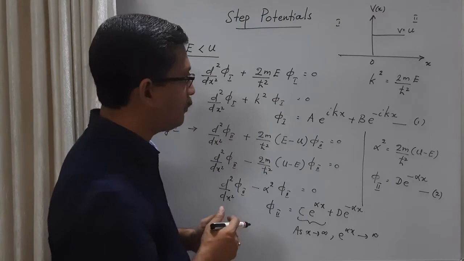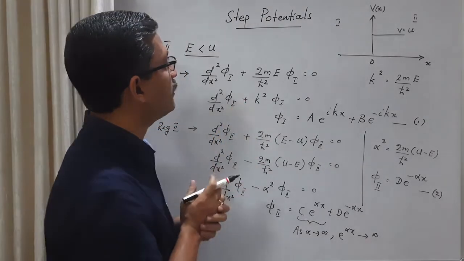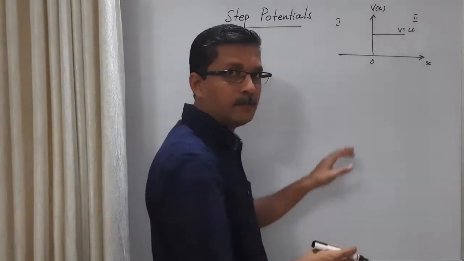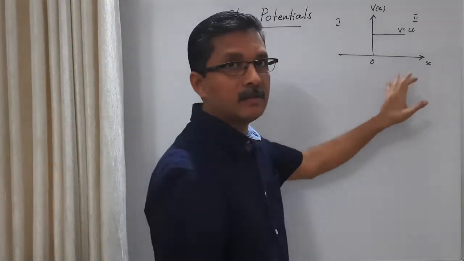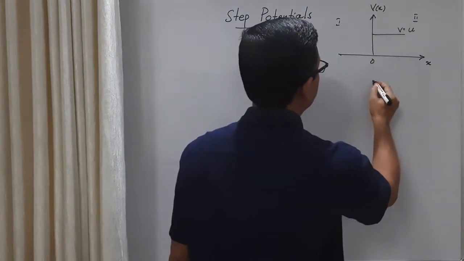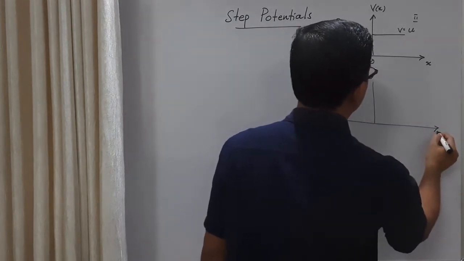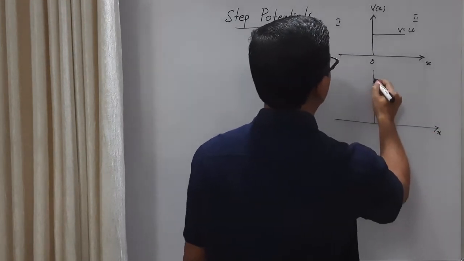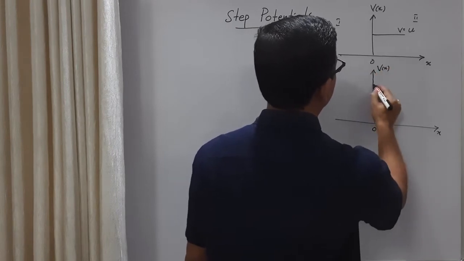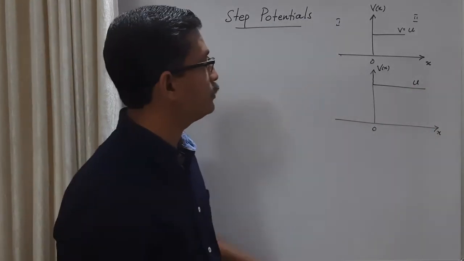Before we go to boundary conditions, let us try to plot the wave functions in region 1 and region 2. So as before, let us superimpose the wave function on the plot of the potential energy function. This is the potential energy, its height is u.